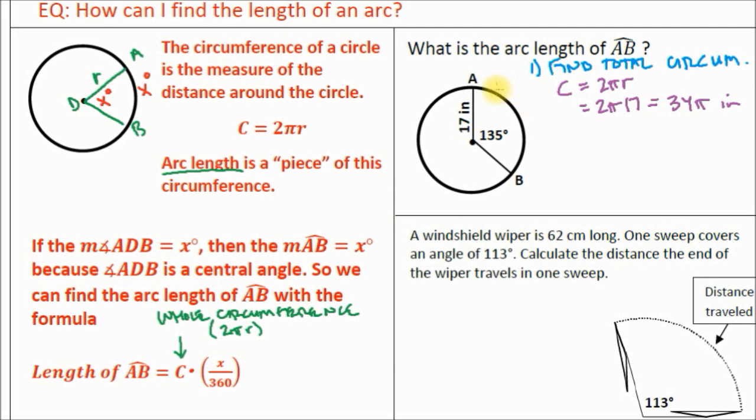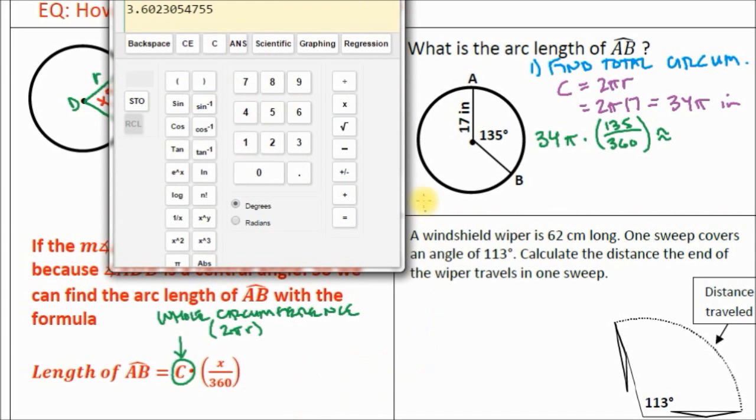Now we're going to find what part of the circumference we want to cut out, which is arc AB. And now we use our formula. The total circumference, if you look over here, times the part of the circumference we want. Well, we want 135 degrees out of a total of the whole circle, which is 360 degrees. Let's put that in our calculator.